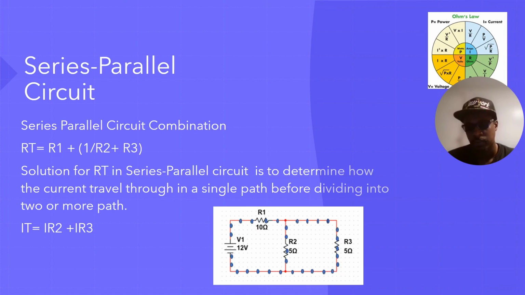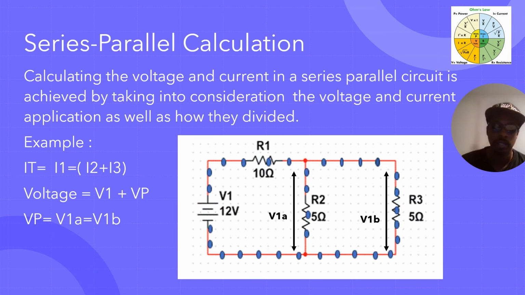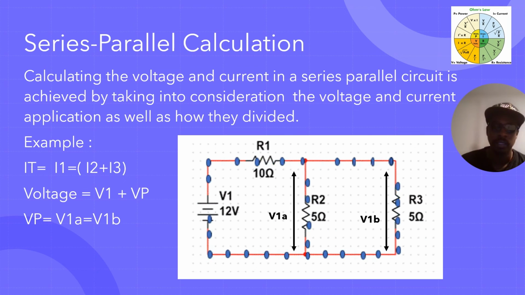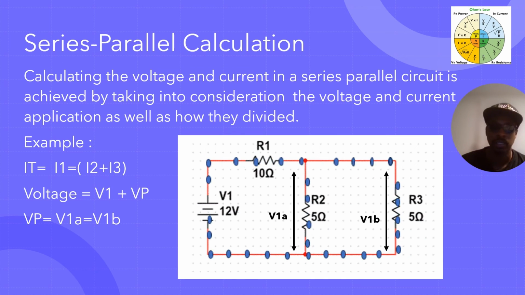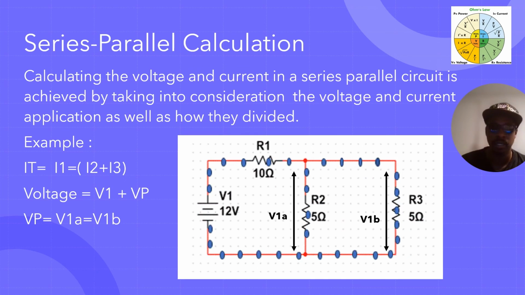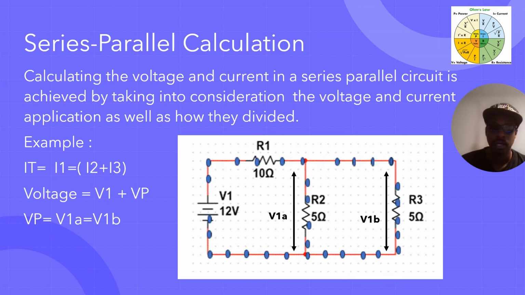Let's look at a series parallel calculation. Calculating the voltage and current in a series parallel circuit is achieved by taking into consideration the voltage and current application as well as how they are divided. For example, the current that is supplied by the source, which I call IT, is equal to I1.